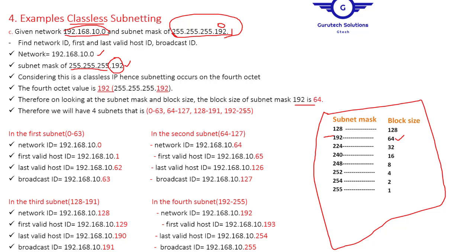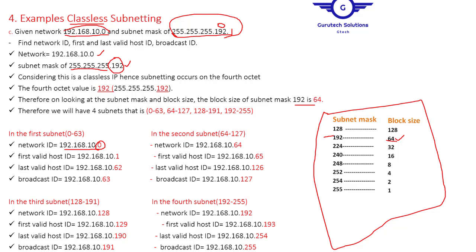So what we are going to do here, I cannot open Notepad. For the first subnet, the network ID will just be this one, .0. Now in the second subnet, we add 64, because block size is just a step to move to the next subnet.